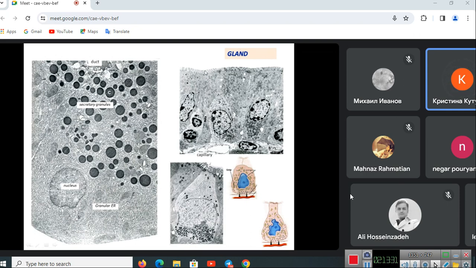So in this case, this endocrine cell is called the endocrine cell of closed type, and in this case, this endocrine cell is called the endocrine cell of opened type because it reaches the surface of the epithelium.